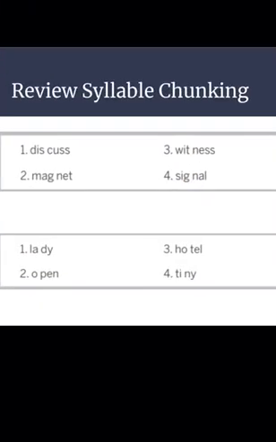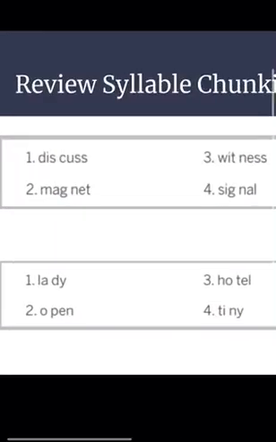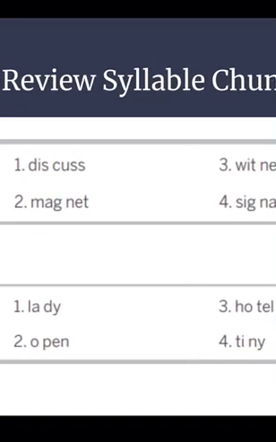We're going to review syllable chunking. Okay, in our first box, I want to point out that the vowel sound in these syllables is a short vowel sound because the syllable ends in a consonant. Remember, a consonant is any other letter in the alphabet that is not a vowel. Okay, let's look at number 1. We have discuss. How many syllables are in discuss? That's right, 2.